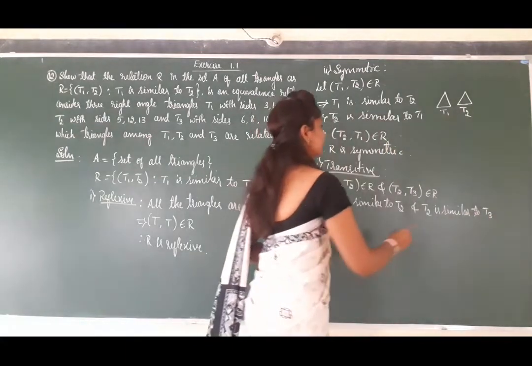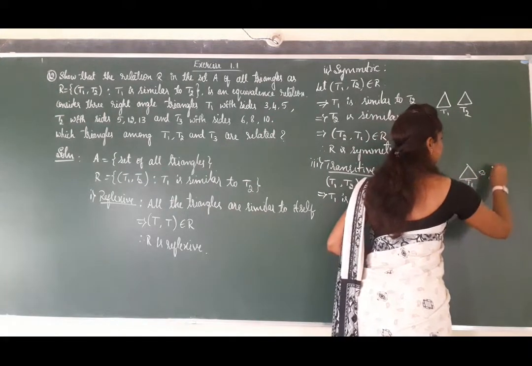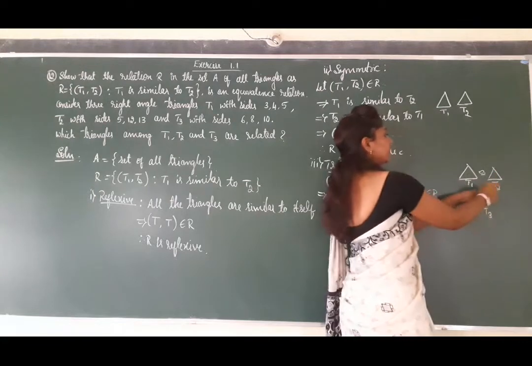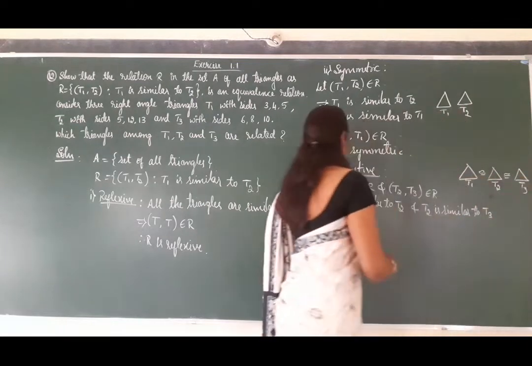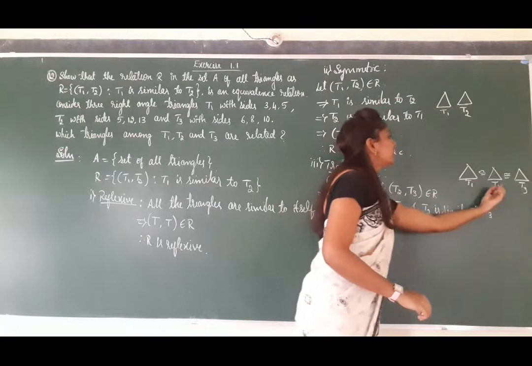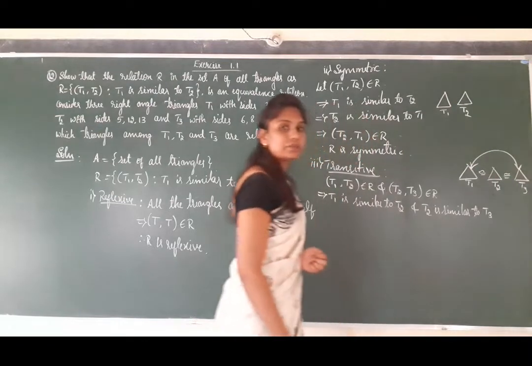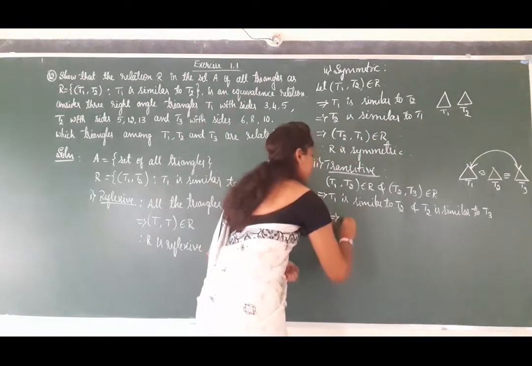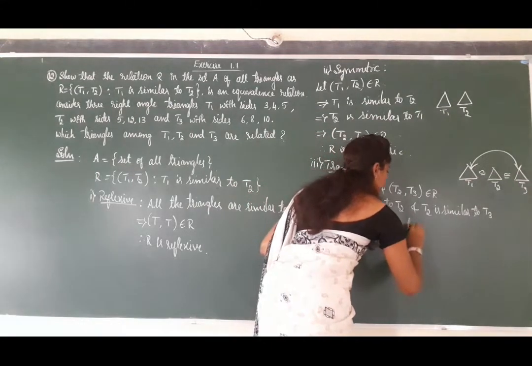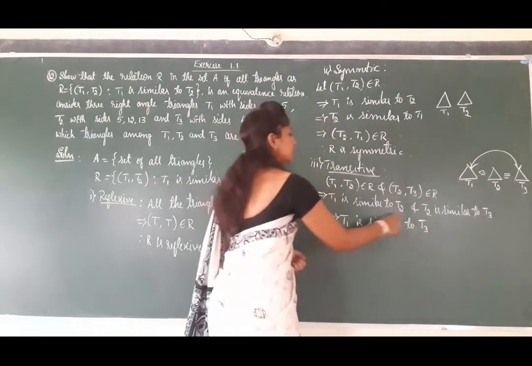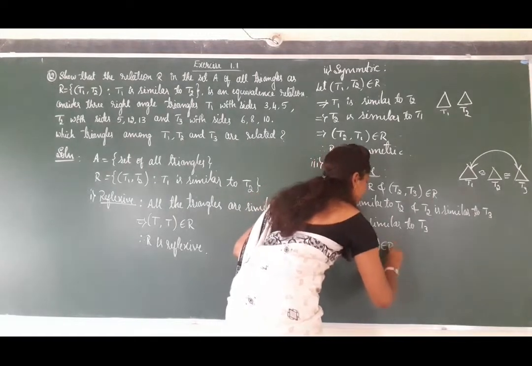Observe here, this is a triangle T1. This is similar to the triangle T2. And the T2 triangle is similar to triangle T3. This implies these two triangles are obviously similar to each other. This implies that T1 is similar to T3, which means the ordered pair (T1, T3) belongs to R.